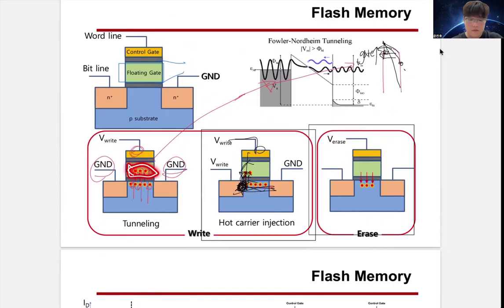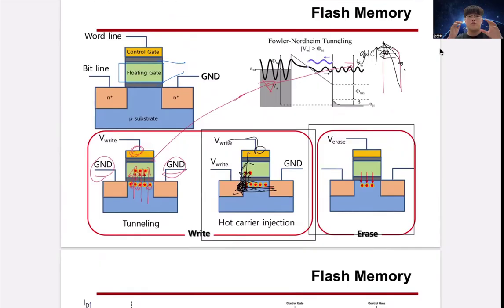if the floating gate has lots of electrons, when the gate bias wants to make the channel, the gate bias has to push away the electrons on the floating gate.